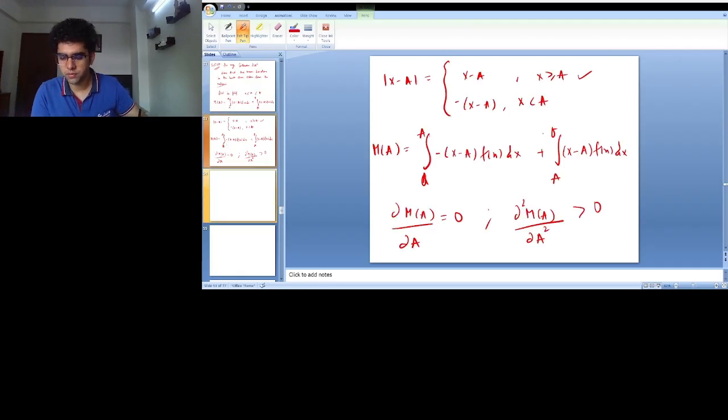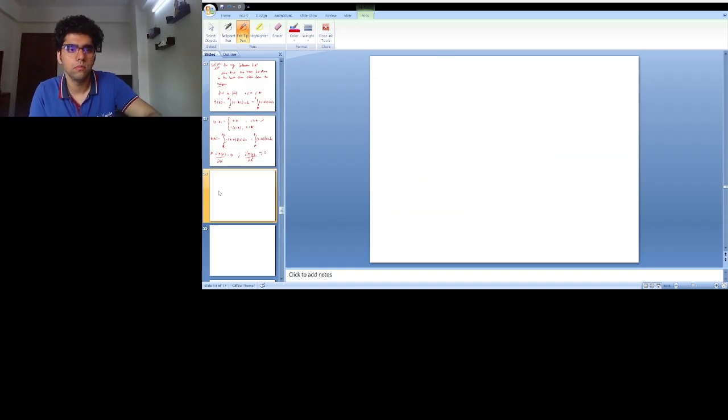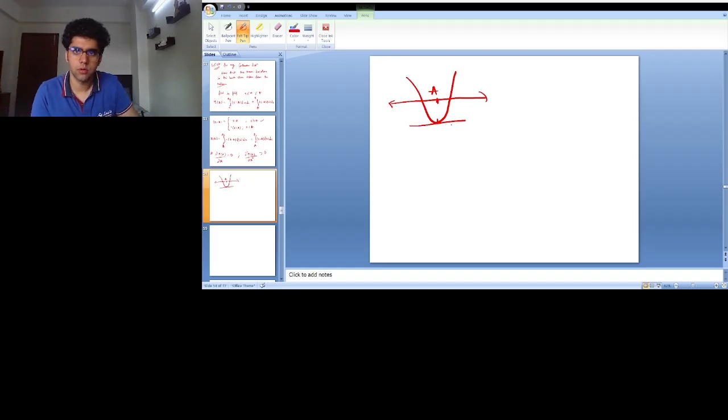Let me just see if I have written this correctly. Let me explain this point again. What this implies is that if this is my real line and I have a function M_A, and A is giving me the least value of M_A, then my M dash A should be 0 at point A, and also my M_A should be a convex function.